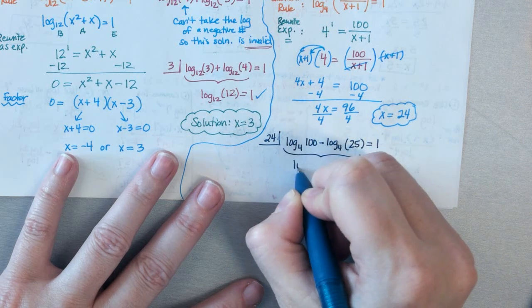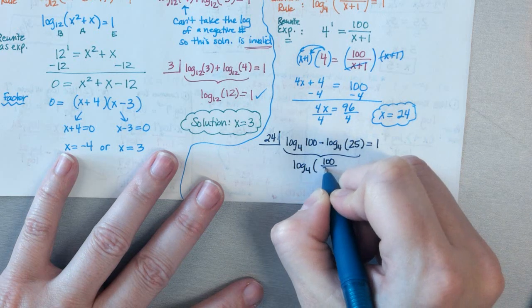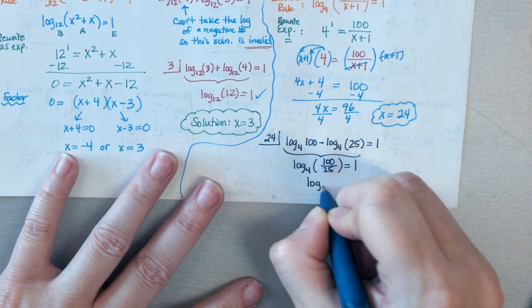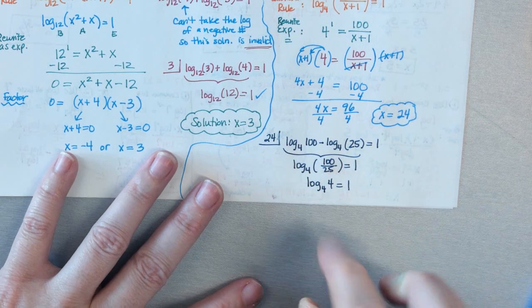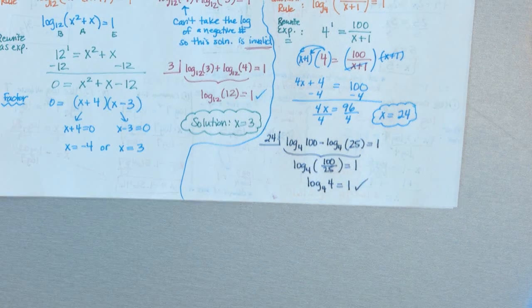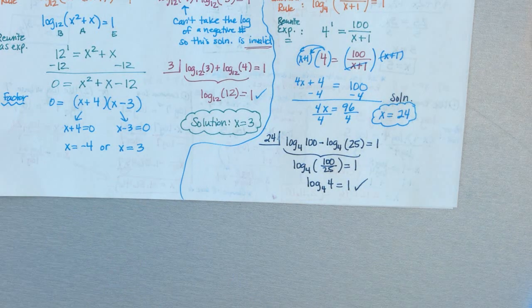And then on this side, you can use those rules. You just want to make sure those are not negatives, okay? So then you end up with log base 4 of 4 equals 1. Is that true? Yeah, is 4 to the first 4? Yep. Yay, so that checks out, and this is your solution. X equals 24.